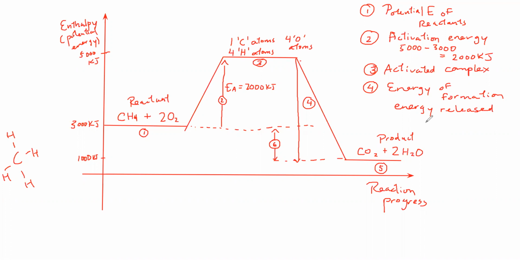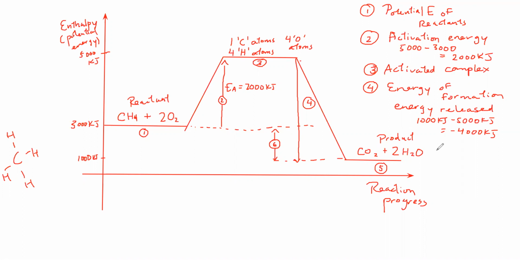Now, because there's a drop, that energy is being released by the system, you essentially end up with 1,000 kilojoules, which is what it ends up at, and you started at 5,000 kilojoules. So overall, you actually end up with 4,000 kilojoules. So this is the amount of energy released by the system.